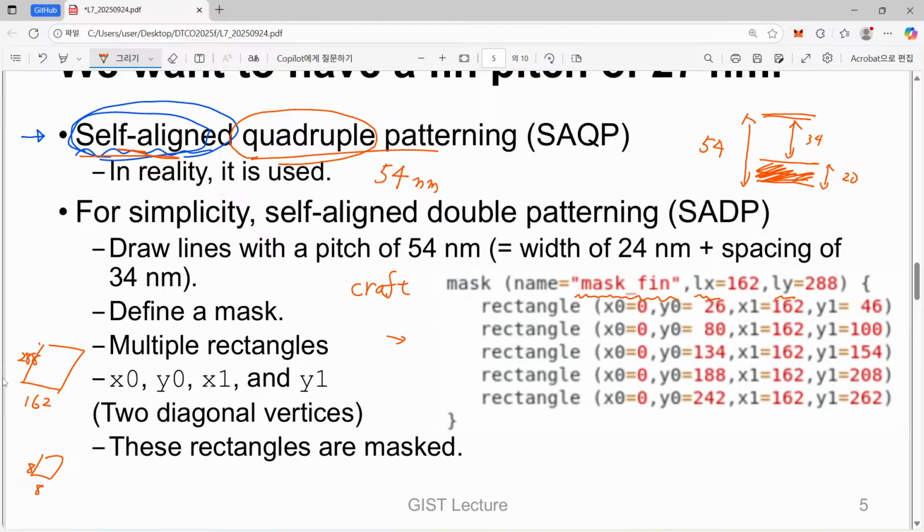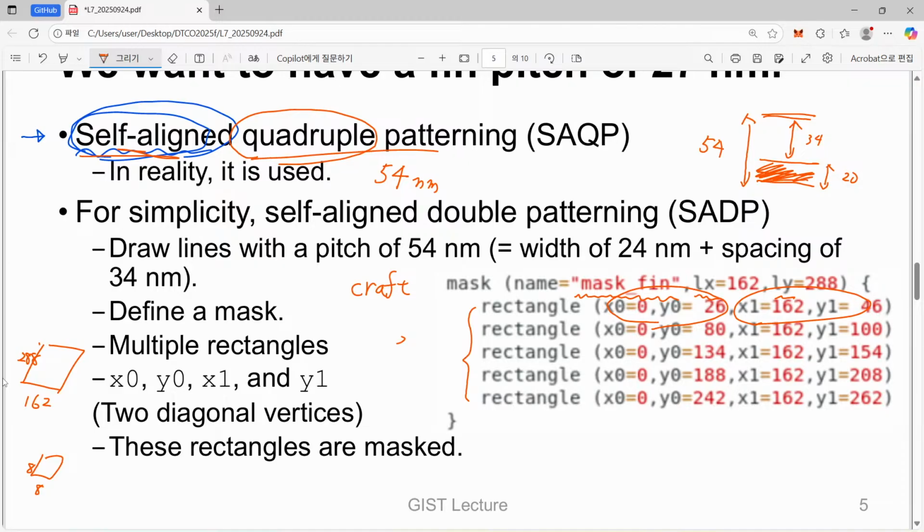as its body, it can have multiple rectangles, and these rectangles just specify two coordinates, x0, y0, which represents one point, and x1, y1, which represents another point.